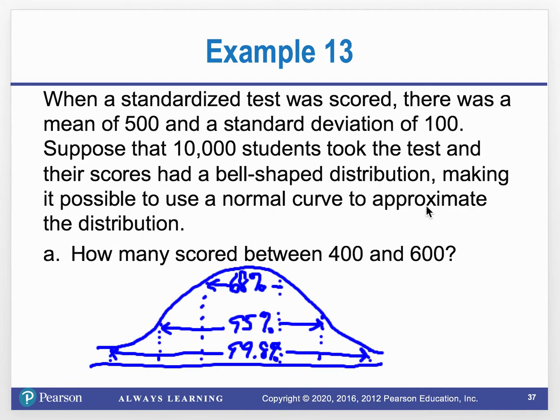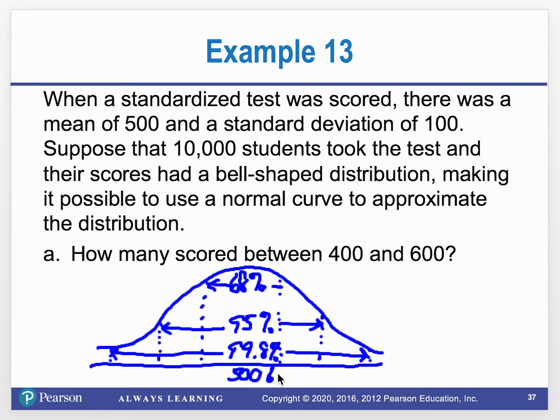No matter what the numbers are, as soon as it says normal distribution, I draw this for every single one. It doesn't matter what we're talking about, what the mean or the standard deviation is. The only thing that changes from one normal distribution to the other is the numbers. Where these numbers come from: the mean goes right here in the middle, and the standard deviation I add 3 times.